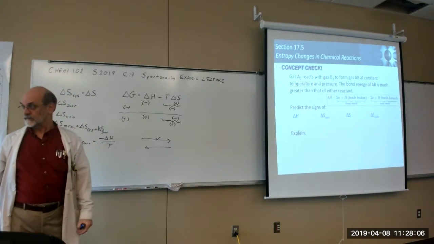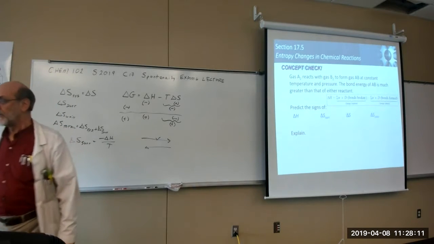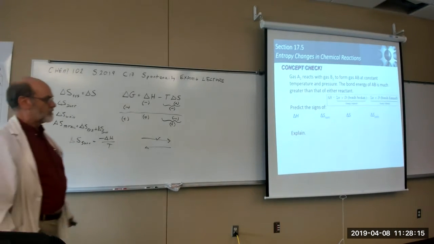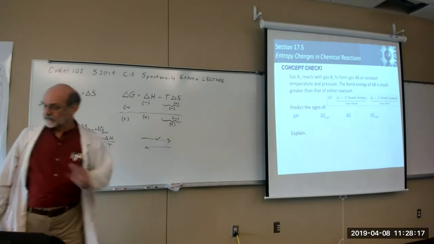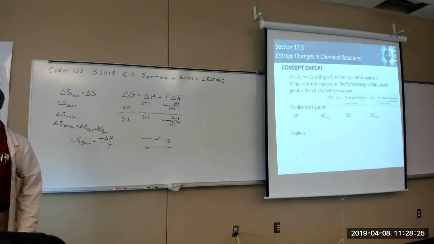Not spontaneous, but in the other direction, it is spontaneous. Never happened in nature. The reverse, no, except perhaps in a lightning strike. Then you're coupling it with another process that adds energy and drives it the other direction.